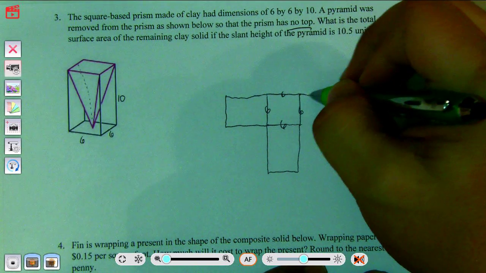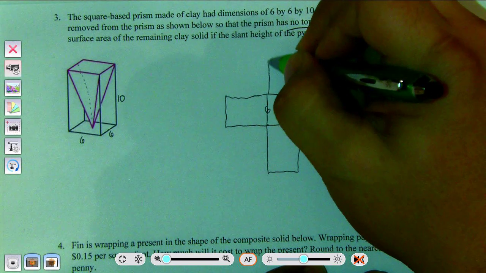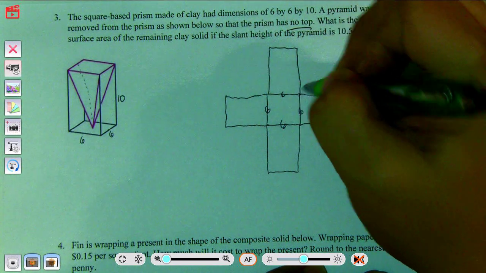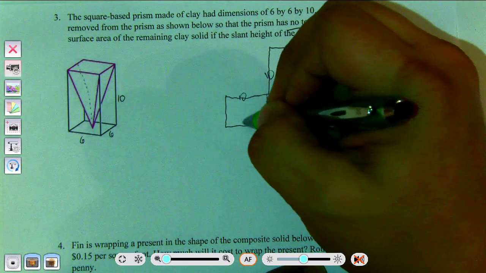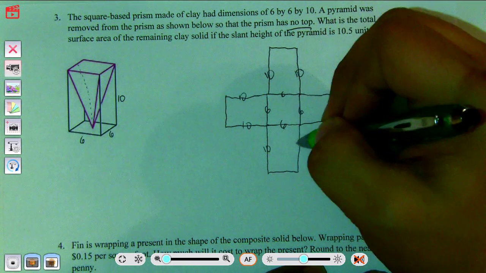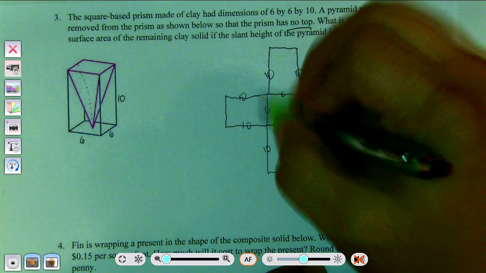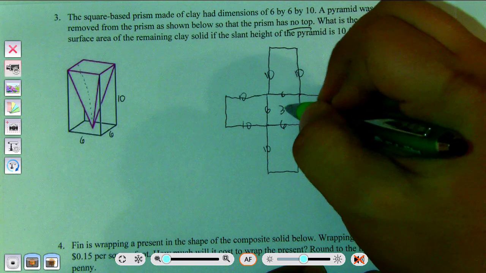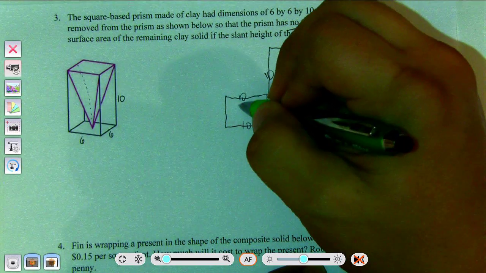And they're all 10 units tall. So we're going to label this 10, 10. We're 10 all around. So we're going to fill in these areas. 6 by 6 is 36. 6 by 10 is 60. Each of these is 60.